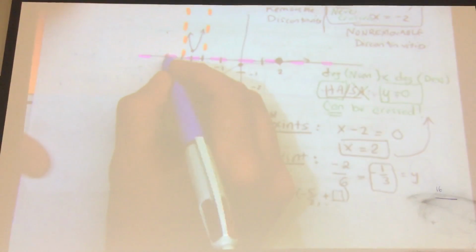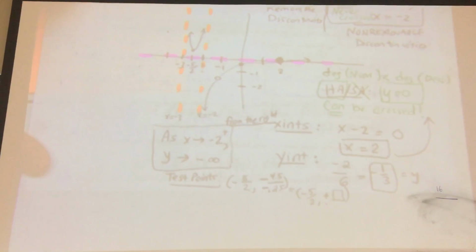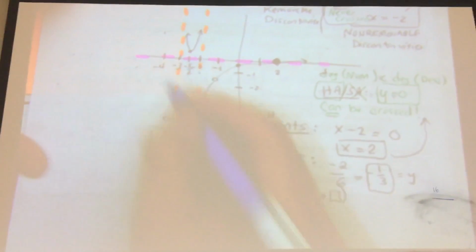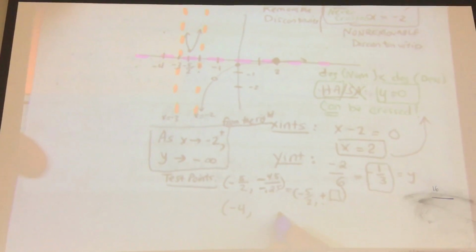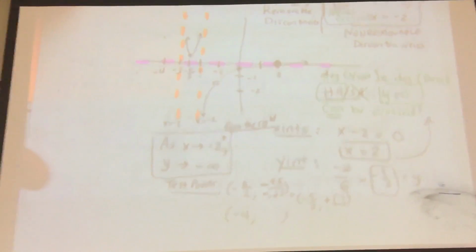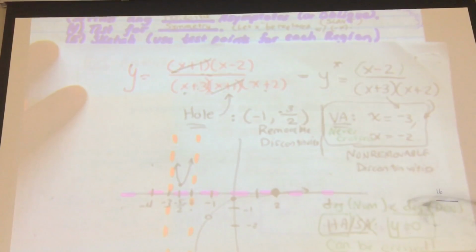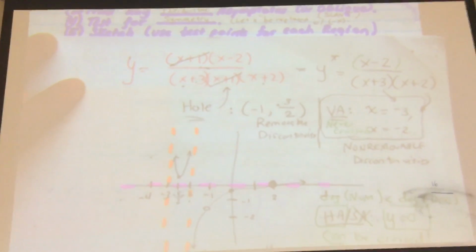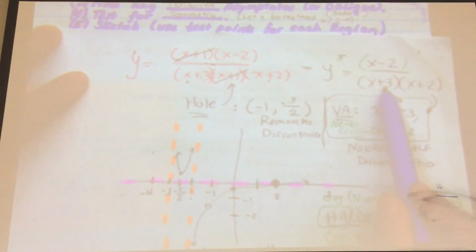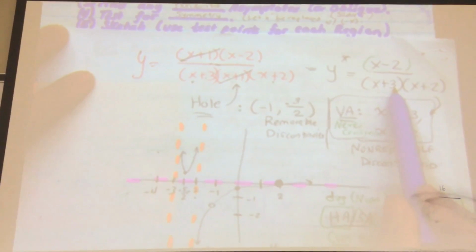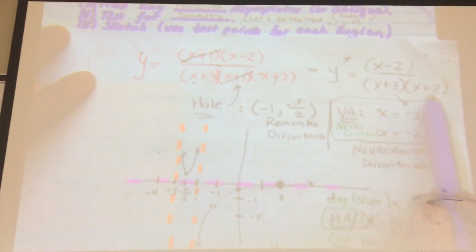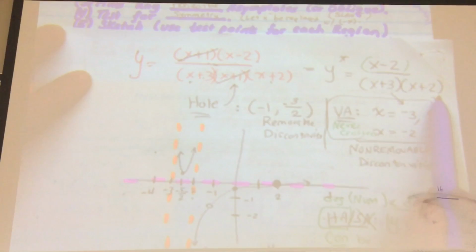And finally, I need something to the left of -3, like -4 perhaps. So if I put in -4, again, all I really care about, am I above or below? So what is my sign? So I come up here, -4 minus 2 would be -6 for my numerator. -4 plus 3 is -1. -4 plus 2, -2.